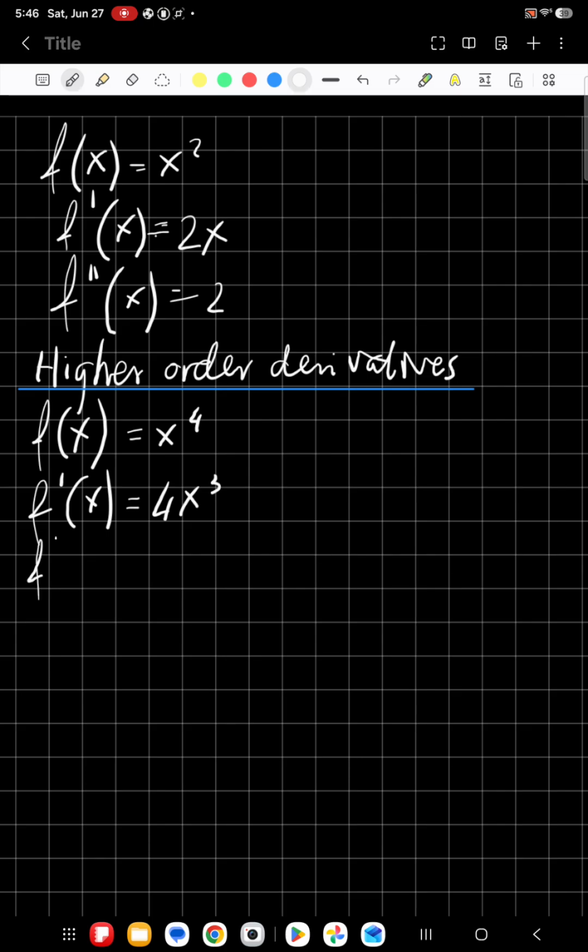Then the second derivative, this is double prime here. The 3 goes to the front and we just keep going, so 12x squared. Then the third derivative would be 24x.